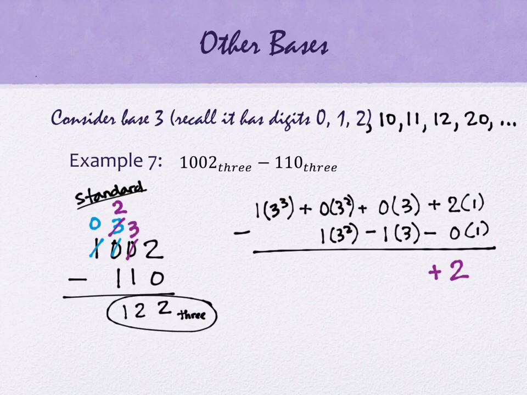So I'm going to come all the way over here to where I have something that I can take away from. So I'm taking 1 away from here. And when I do that, I actually have 3 squareds now. Because what is 3 times 3 squared? Don't overthink this. What is 3 times 3 squared?